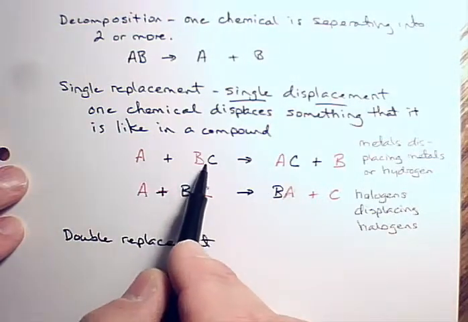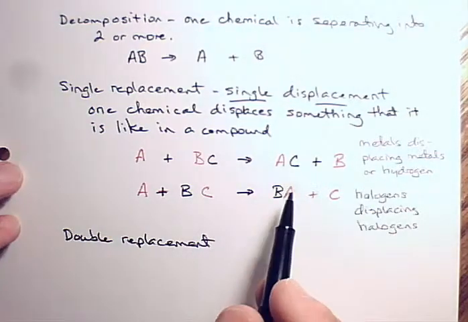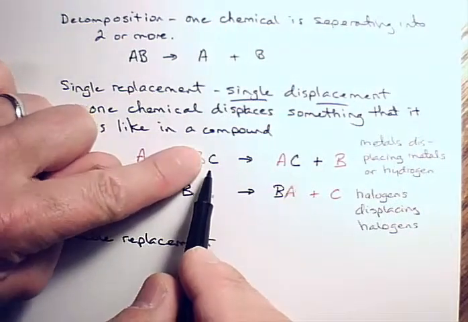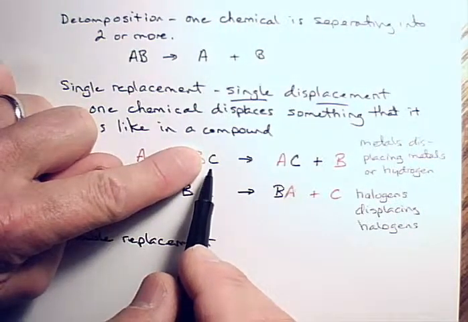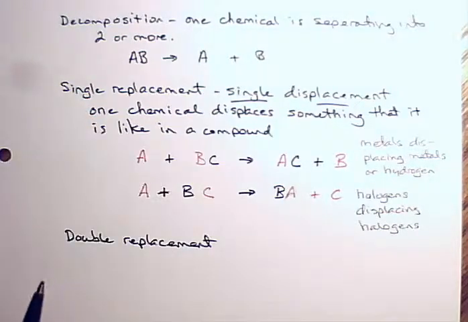We haven't balanced this compound formula, this one or this one. Those things have to be balanced. You might have subscripts here, or it might be that C is not just one element, but a couple of elements making a polyatomic ion. So this is a super simplified representation of what's going on.